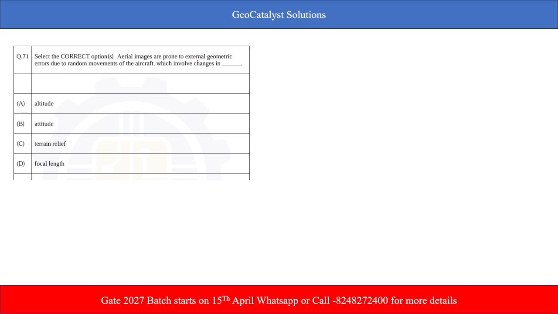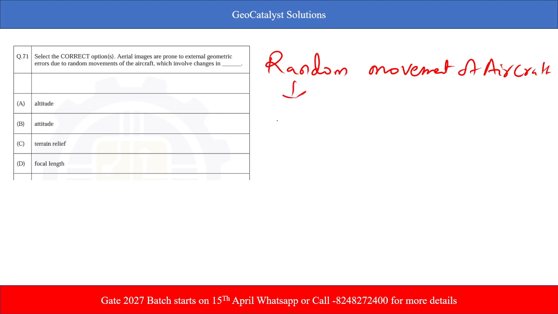Select the correct options. Aerial images are prone to external geometric error due to random movements of aircraft, which involves... So random movement of aircraft will change flying height. Okay, so flying height will change. So one option can be altitude. Okay, and also it will change orientation angles.